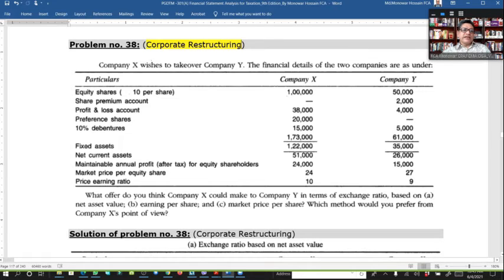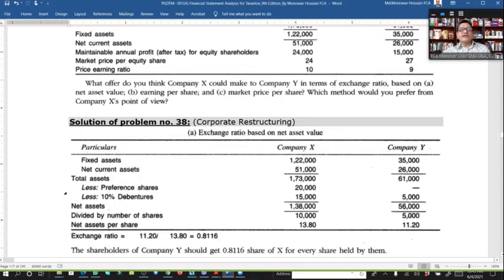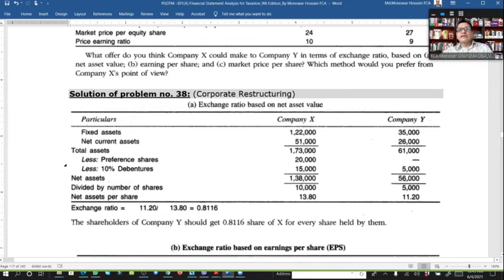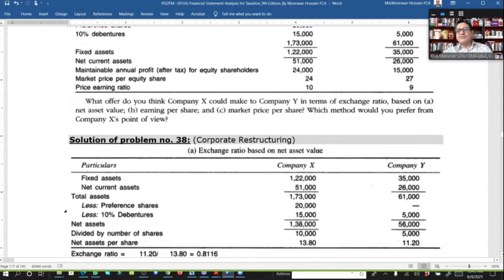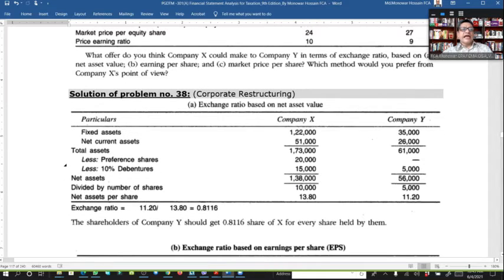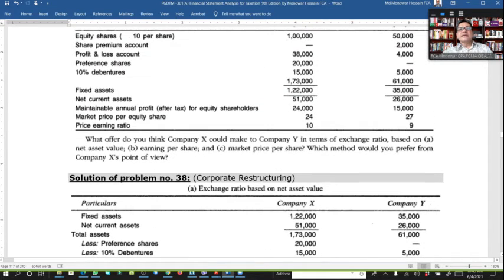First one, net asset value basis. So if we go by net asset value, the exchange ratio based on the net asset value. Look here, putting the two companies together. Fixed asset 1,22,000 for company X, and Y 35,000. And net current asset here 51,000, here 26,000.